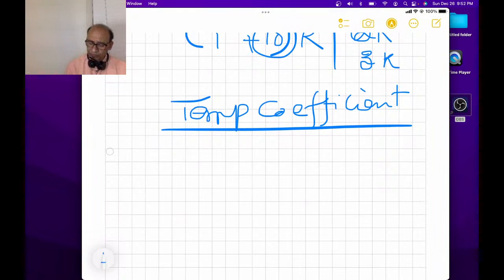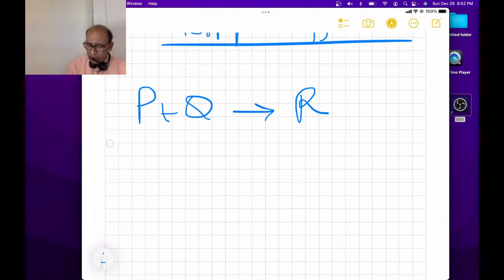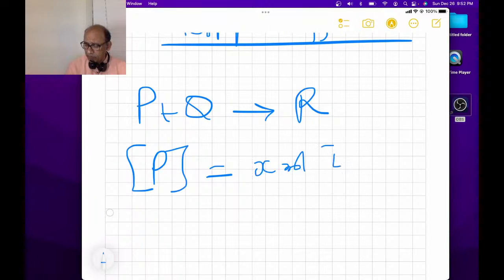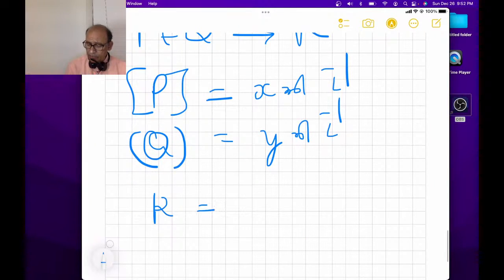Let us see. For a certain reaction, P plus Q gives rise to R. The initial concentration of P is taken as X moles per liter, and initial concentration of Q is Y moles per liter, and the rate constant is found to be Z liters per mole per second.